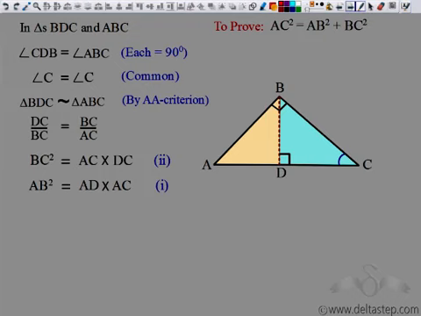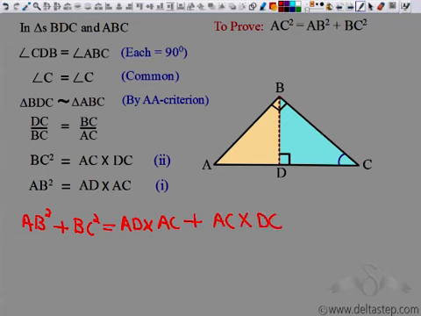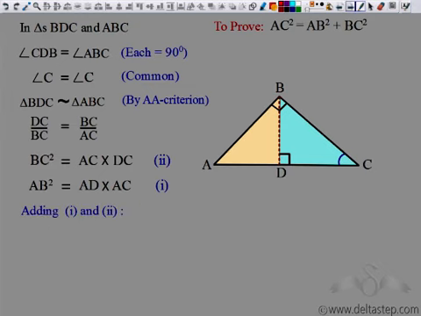AB square plus BC square would be equal to AD into AC plus AC into DC. So I add 1 and 2, and adding them I get AB square plus BC square is equal to AD into AC plus AC into DC.